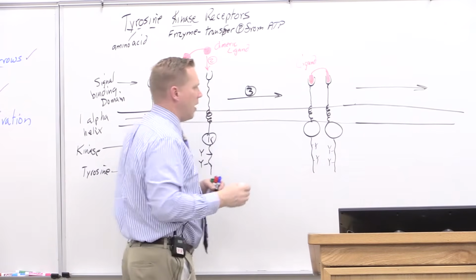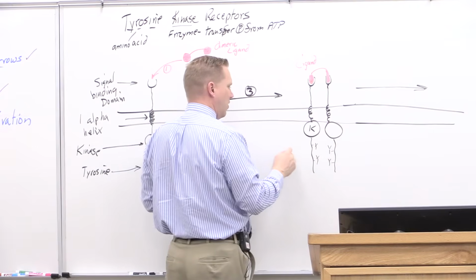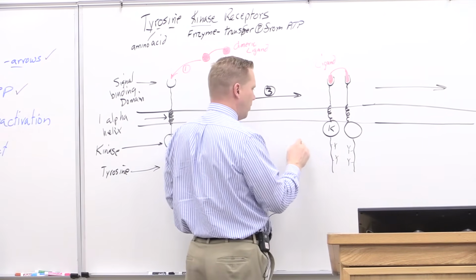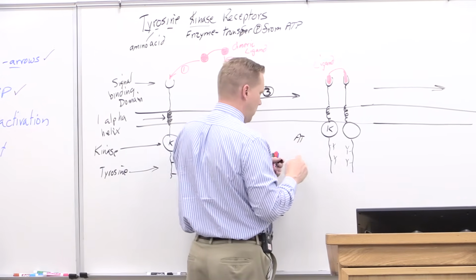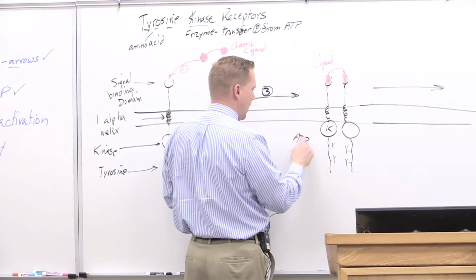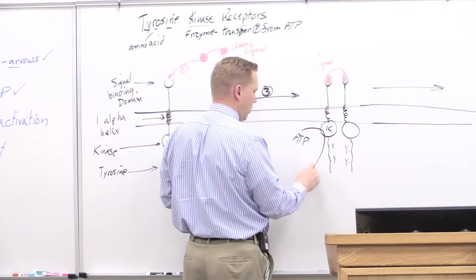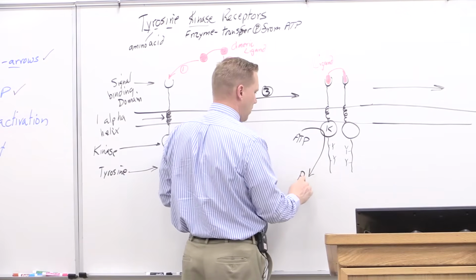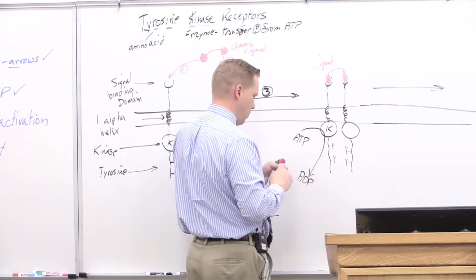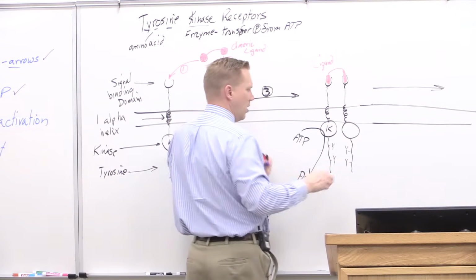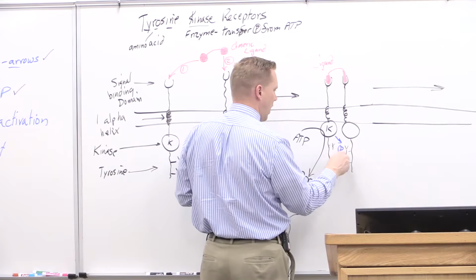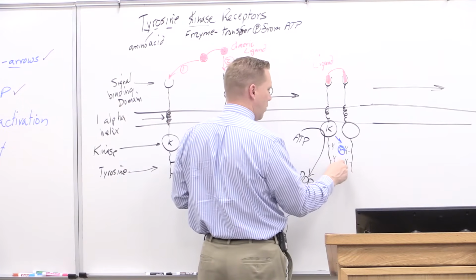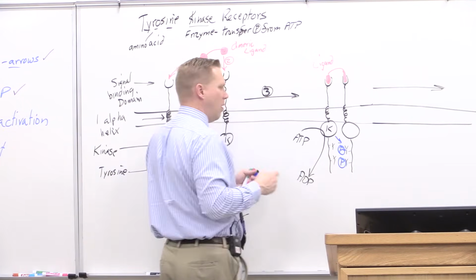In step 3, this kinase domain is going to take ATP and we're going to make ADP out of it. And then we're going to transfer that phosphate to the tyrosine so that we get tyrosine phosphate. And that's done on both sides.